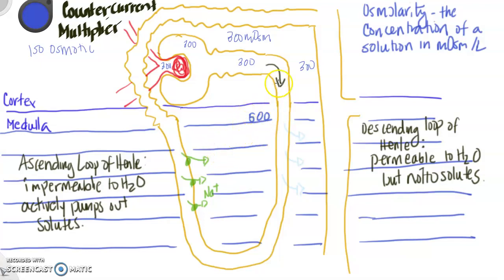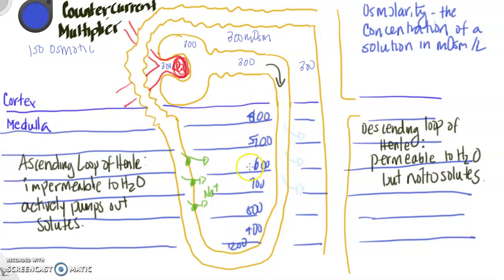Okay? So as it goes down, let's make it 400, 500, 600, 700, 800, 900. It goes down to about 1200 milliosmoles here.